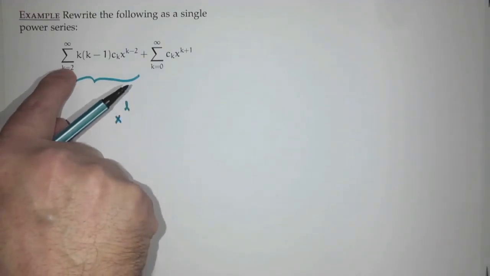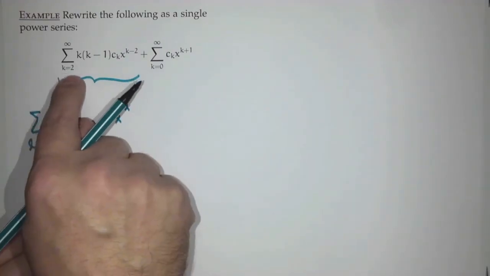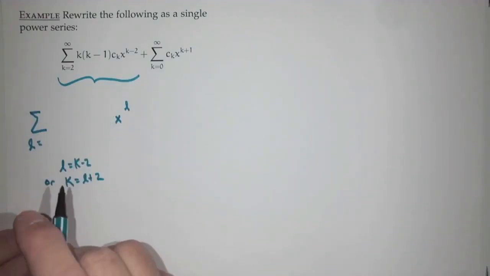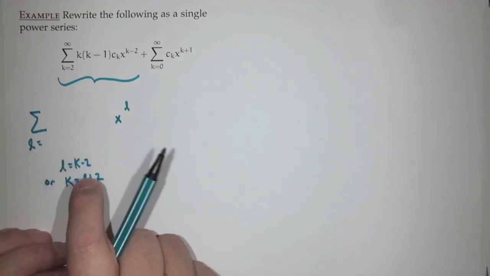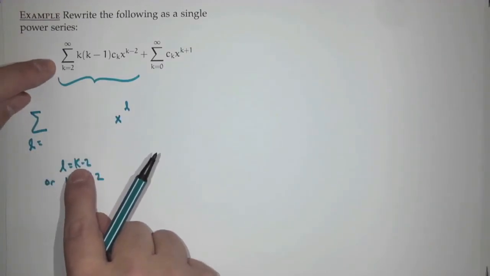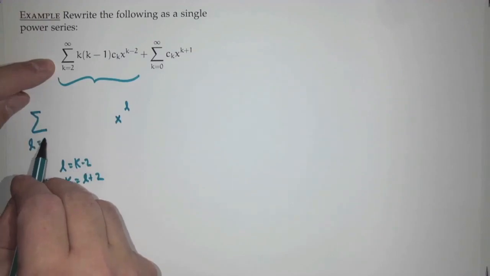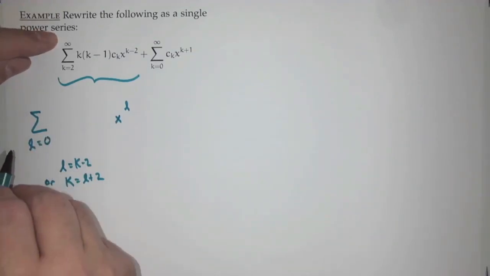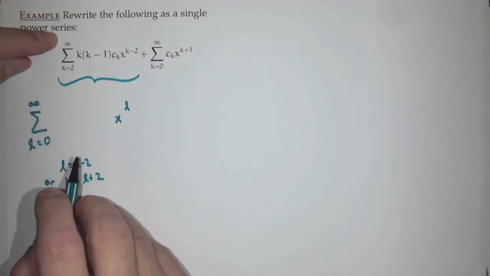All right, if k equals 2, that's where we're starting before, where's our new start? Zero, because I can put k equals 2. 2 minus 2 is 0. Previously I went to infinity. Now we go to infinity.